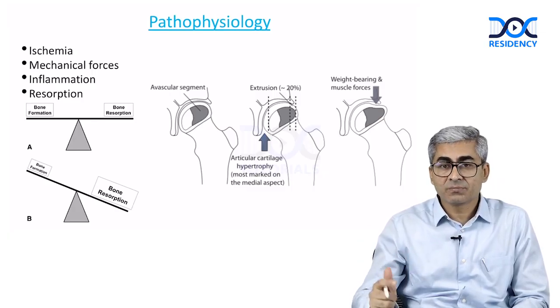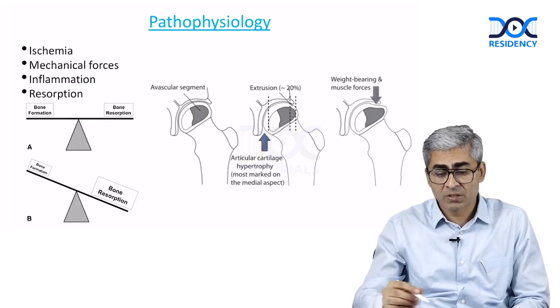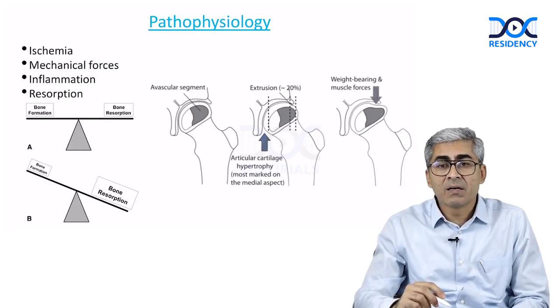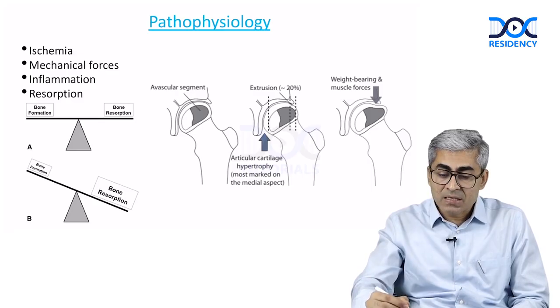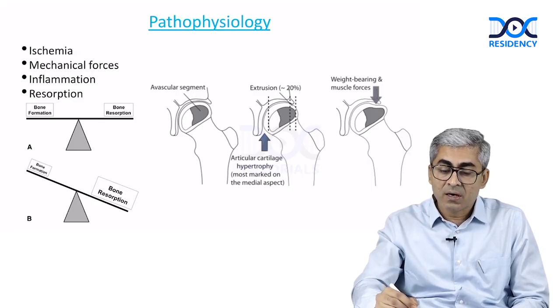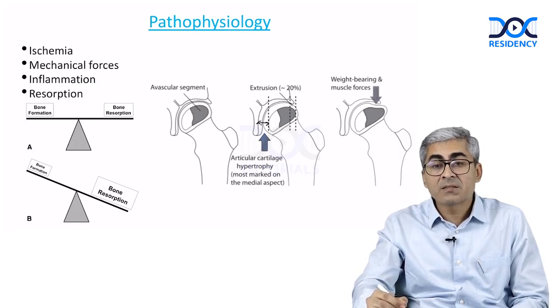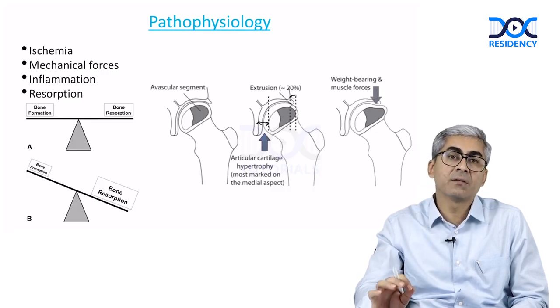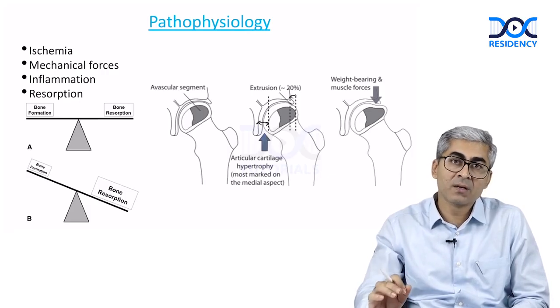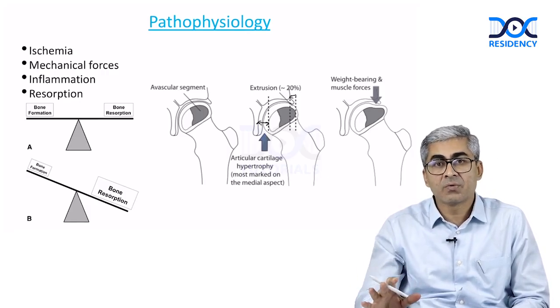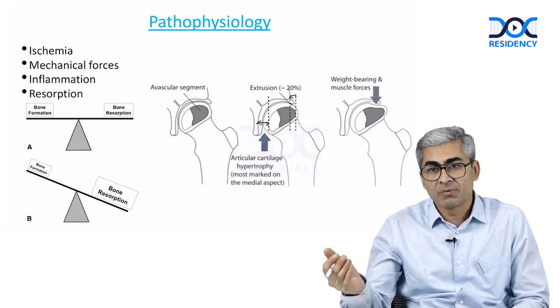So that's the first figure which shows the avascular segment in the femoral head, and as the articular cartilage hypertrophies, the medial space keeps on increasing, as I am showing here, and then as the space increases, the head starts extruding out, and whenever the head starts extruding more than 19 or 20%, we call it lateral subluxation or extrusion of the femoral head, which is again a classic indication for further aggressive treatment.